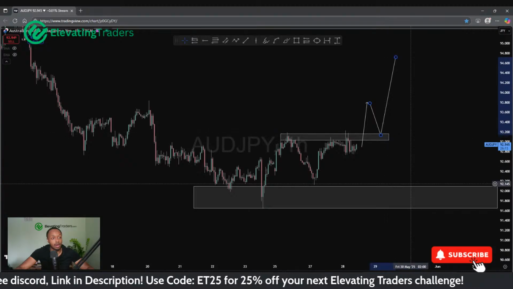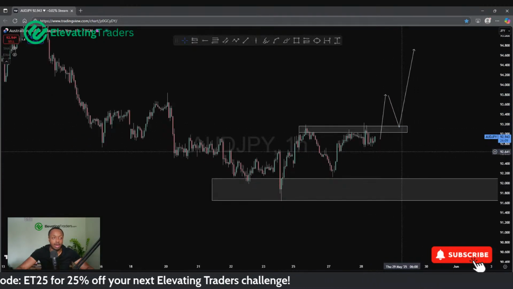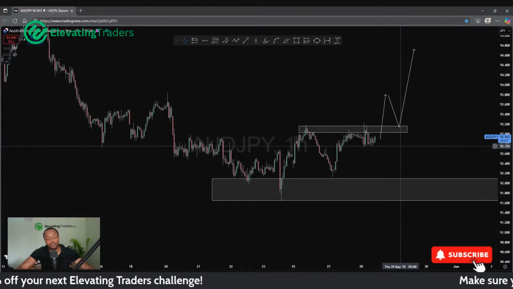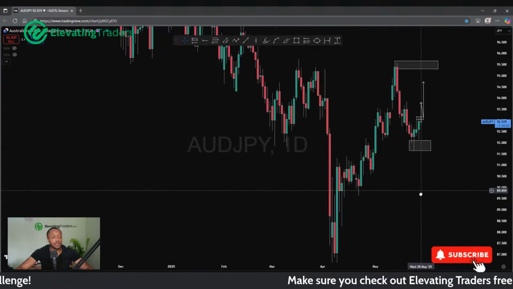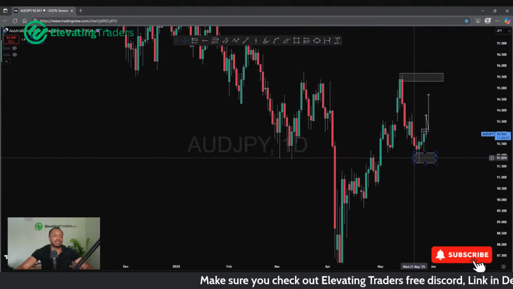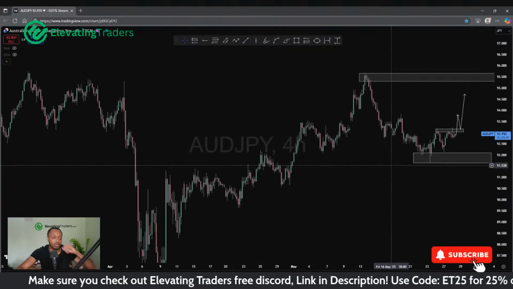That's if we don't come back and revisit support here. Then this type of break and retest might be the next best opportunity for Aussie yen longs. But yeah, very, very bullish on the pair. I do think we can return back to resistance at 95.5. So only interested in the longs right now for Aussie yen.